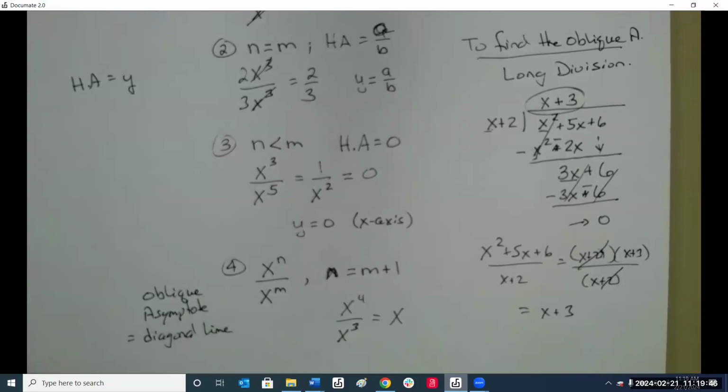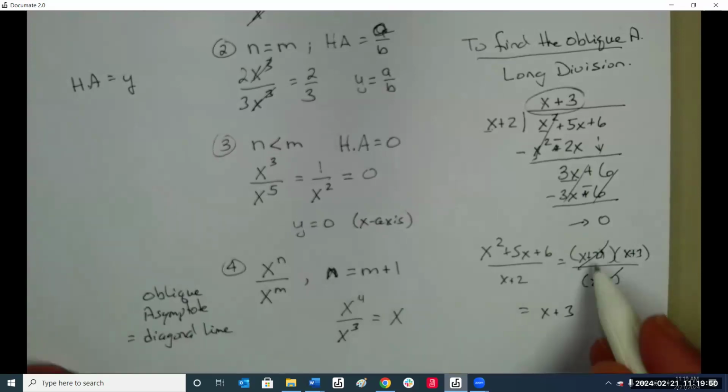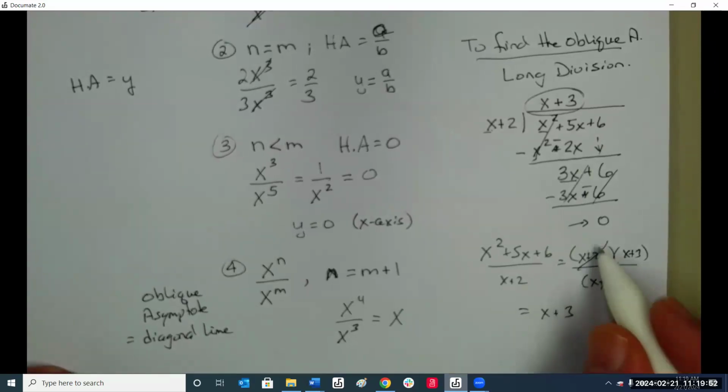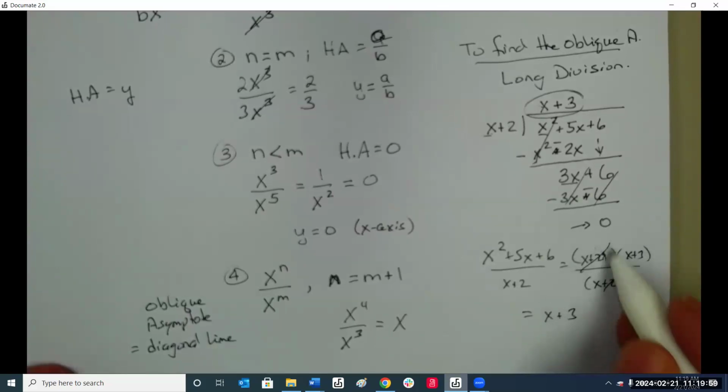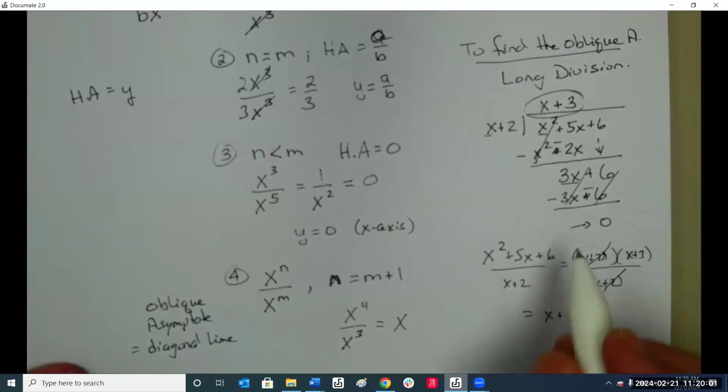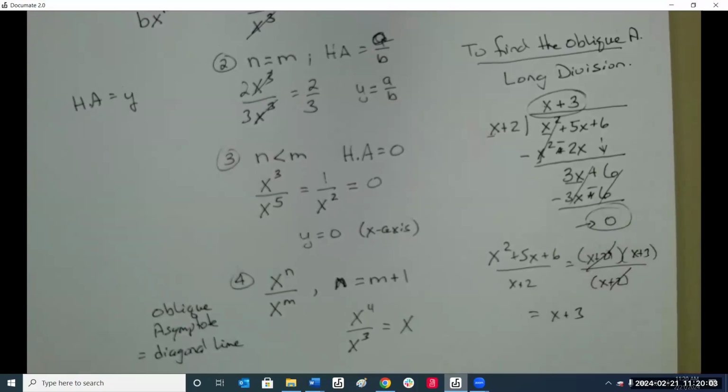The top can be factored, and the bottom cancels. So we have what's called a removable discontinuity. Our asymptote doesn't exist anymore because we canceled it out. That's how we can tell we got a 0 remainder. That means it's a perfect factor.